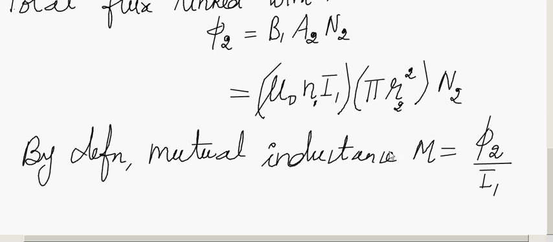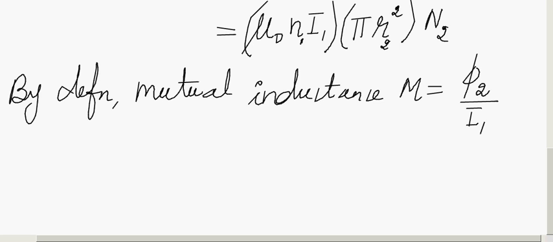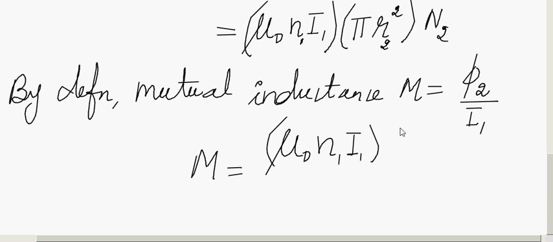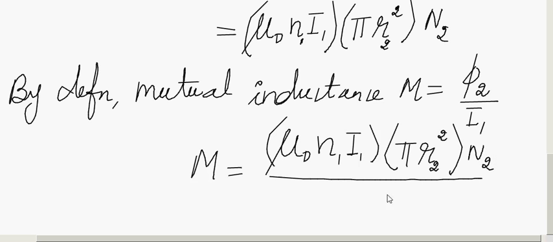So why did we find out phi 2? Because mutual inductance is phi 2 by I1. Now phi 2 we have, substitute that, divided by I1. So M is mu naught into n1 I1 into pi R2 square into N2 divided by I1.